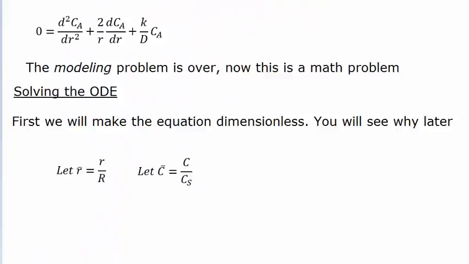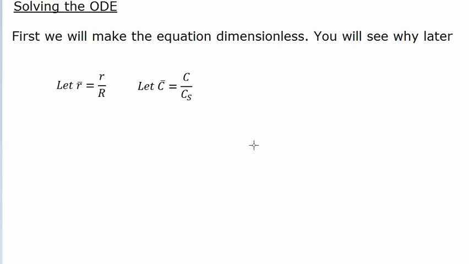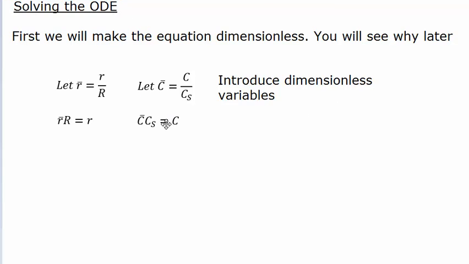So we're sort of introducing boundaries here when we make our dimensionless variables. At this point, again, we introduce these dimensionless variables, and because they're a little more useful to have in this form, I'm going to leave this up here, because this will allow us to directly substitute in this whenever we see r or C in our equation.